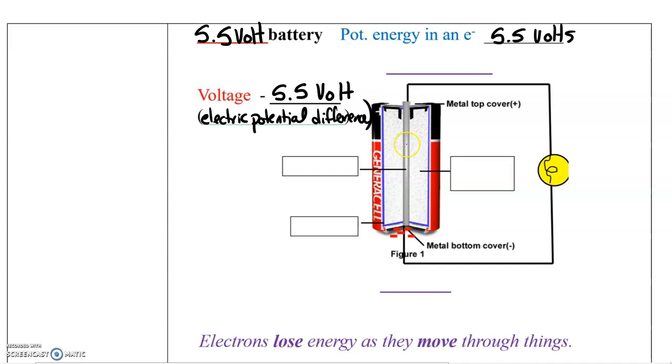So this metal rod that runs the height of the battery is called an electrode, and it has a positive end and a negative end. So this right here is our positive electrode, and this one right here is going to be our negative electrode.